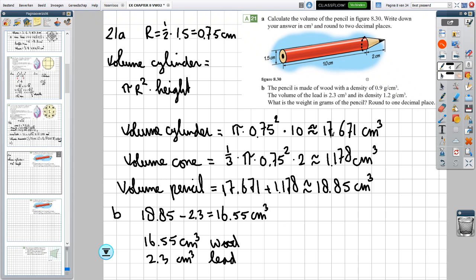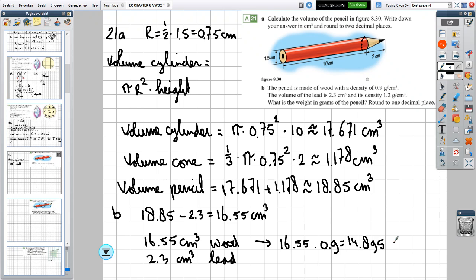How much do they weigh? Well, the wood weighs 0.9 grams per cubic centimeter, and the lead is a bit more dense. It's 1.2 grams per cubic centimeter. So the wood weighs 16.55 times 0.9, because 1 cubic centimeter is 0.9, so 16.55 is 16.55 times that, which is going to be 14.895.